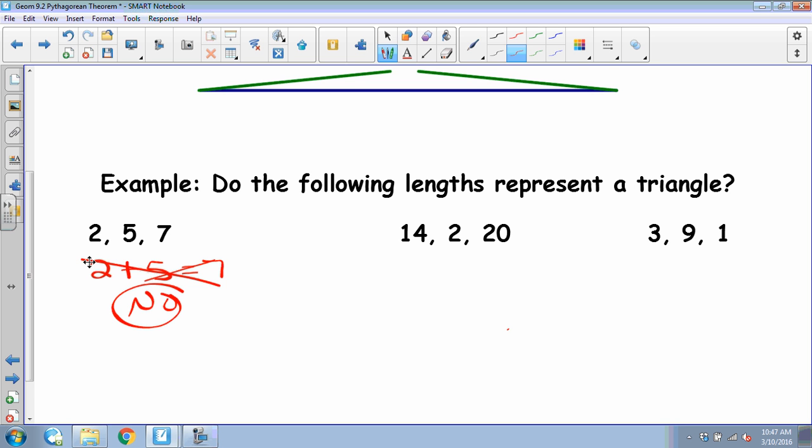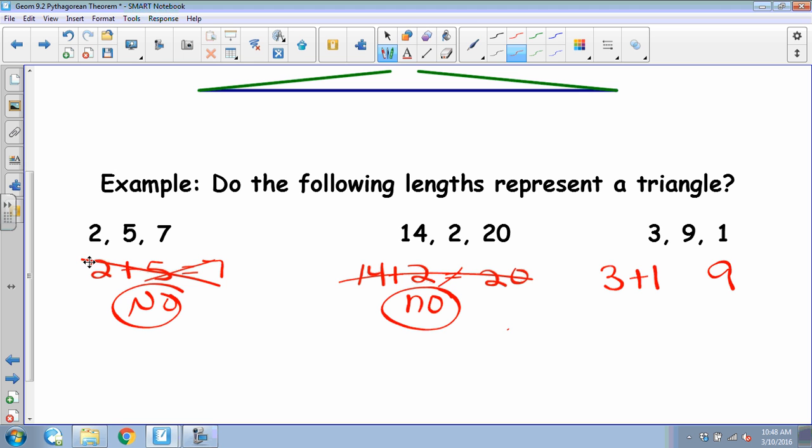14, 2, and 20. The longest side is 20. So 14 plus 2 must be greater than 20, is it? No. So not a triangle. And what about the last one? The longest side is 9. 3 plus 1 is not greater than 9. So the answer is no. Not a triangle.